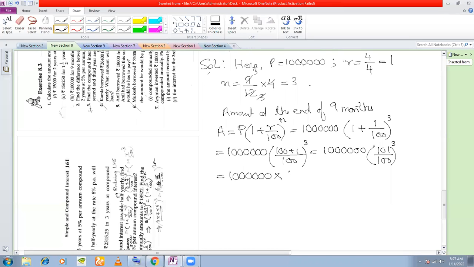Now 101 by 100 cube means 101 by 100 multiplied thrice. So how many zeros will cancel? Two zeros will cancel here, the next two zeros, and then the next two zeros. So all the zeros are cancelled, and we're simply getting 101 into 101 into 101. So how much will this come to?